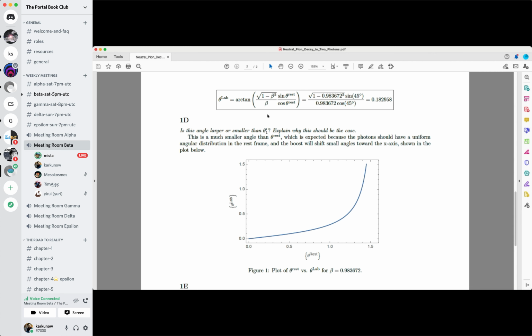Yeah, we could have them emitted at pi over 2, or close to pi over 2, just below it. But the issue is that if you want to do conservation of four-momentum, then it turns out that would correspond to a very, very high energy photon. Like, we're talking gamma rays or something like that.